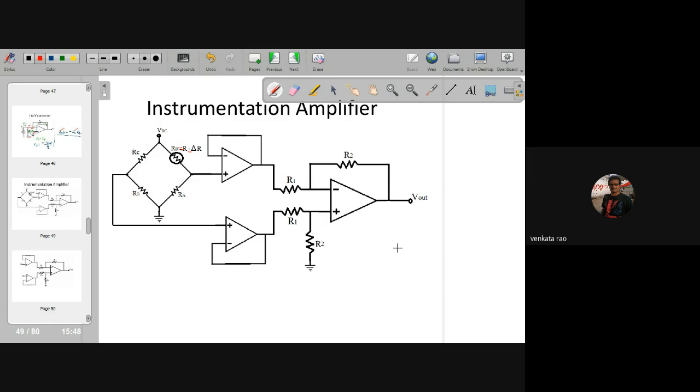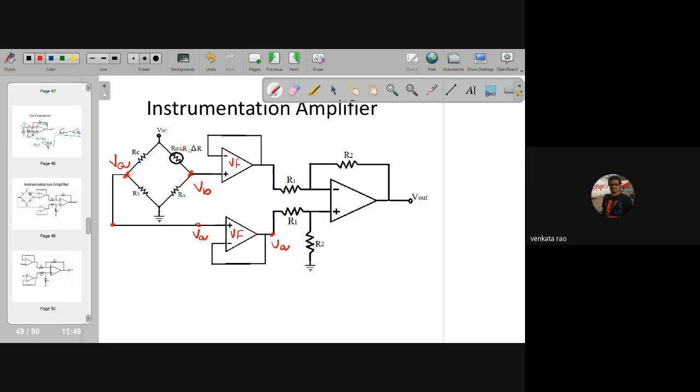Now let us see how it is working. First of all, let us take this voltage as VA and this voltage as VB. Basically this is a voltage follower, and this is also a voltage follower. So this is VA, and here also the same voltage VA.